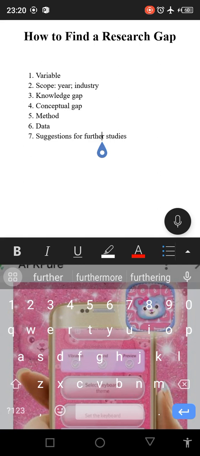So if you see a knowledge gap, you're lucky to realize a knowledge gap. Why not add it? Other types of gap, add them. But at least there are things you need to look out for: gap in variables, gap in scope, gap in method, gap in data.